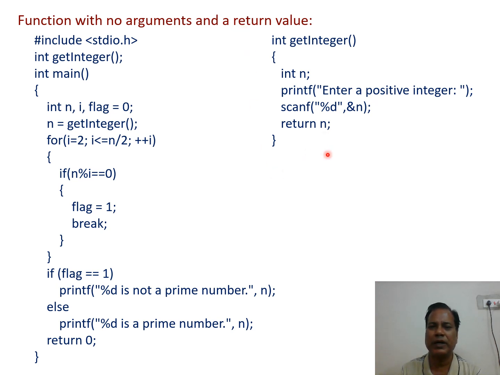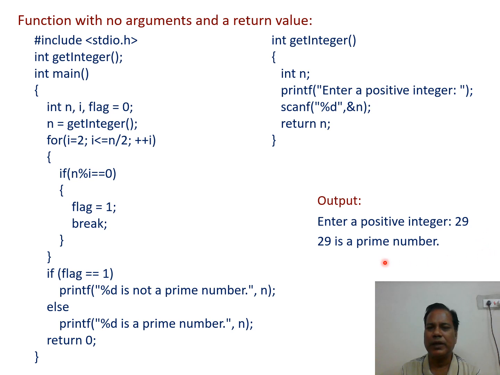Whatever number is entered by the user, it returns to the calling function. When this program is executed, we get the output like this: Enter a positive integer. When the user enters 29, the output shows that 29 is a prime number.